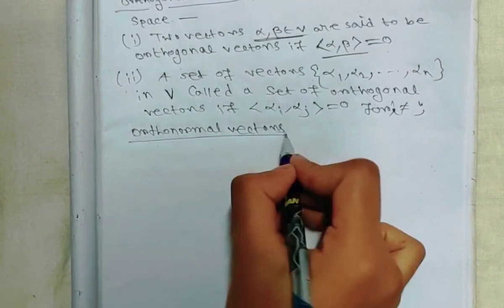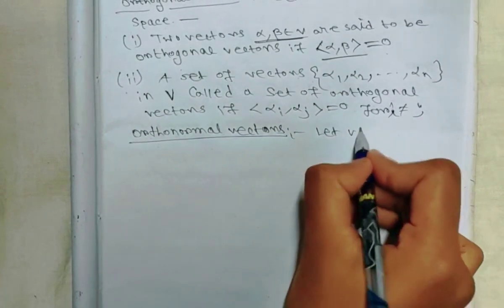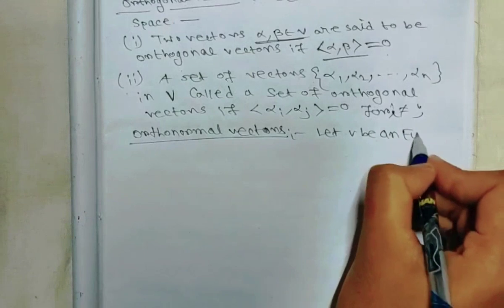Orthonormal vectors. Definition. Let V be a Euclidean space.